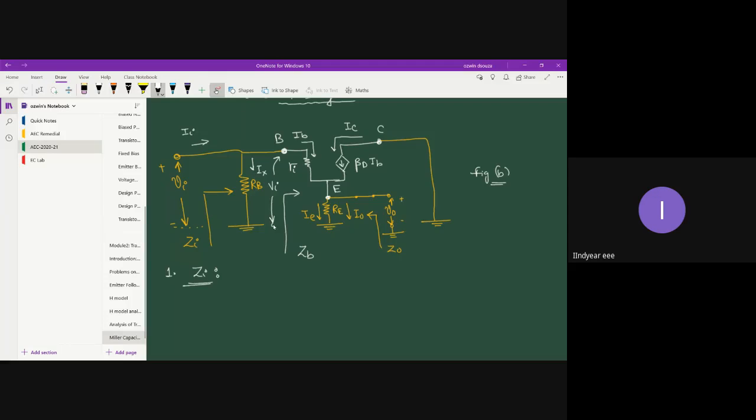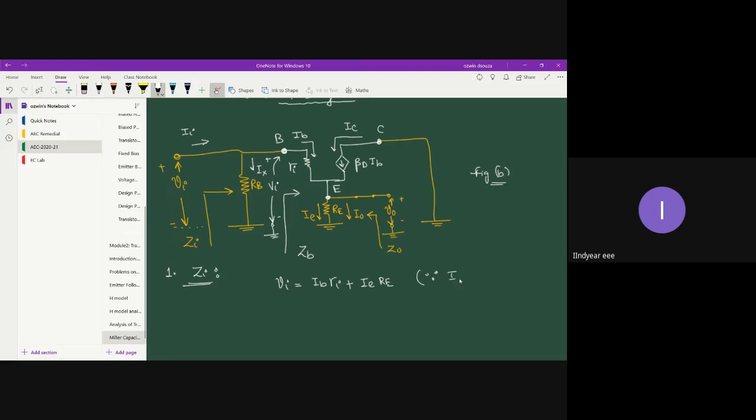Next to the base terminal, let us shift the input voltage. So you can write the input voltage Vi by applying KVL. That's IB into Ri plus IE into RE.